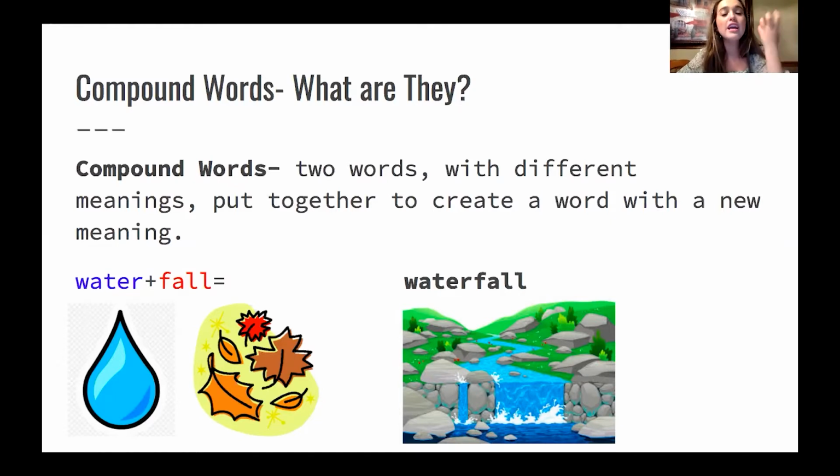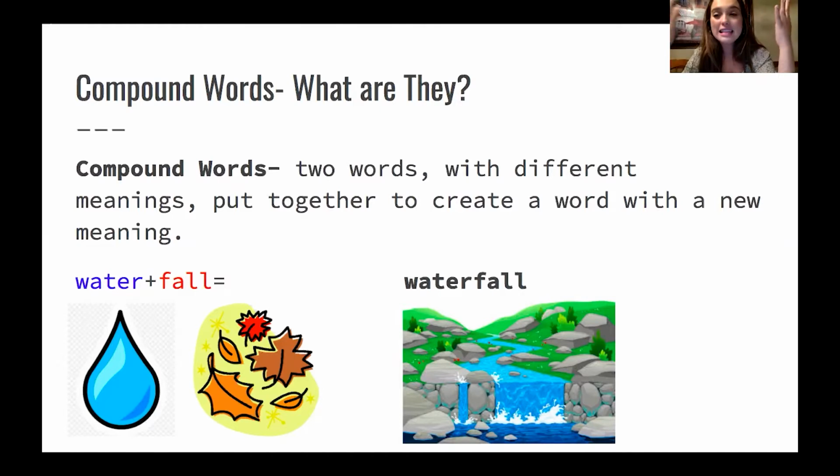Our first word is water, and water is just something that we drink a lot of times. It's just something that maybe we swim in, maybe you've been to the ocean, maybe you've been somewhere where it rains a lot. That is water. I actually have a water bottle right here. So that is water. And then our second word, fall.